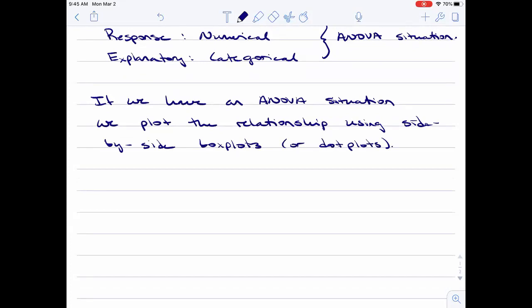What are we looking for? We said that we're looking for symmetry in our distributions for each of the categories, but also equal variability.